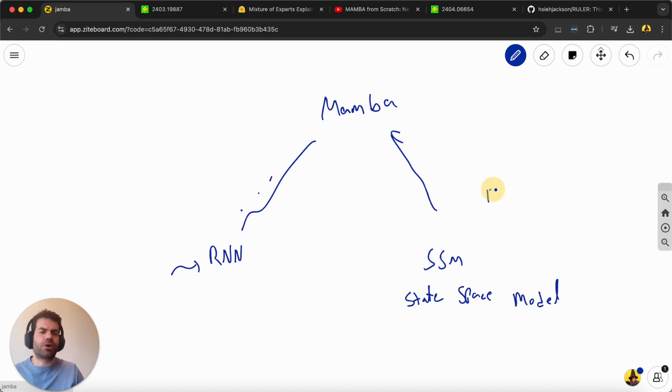If in a Transformer I had a sentence where for every next token I had the interaction with all the previous tokens that happened, now instead in every layer I have a state. And this state keeps updating, okay? So it updates throughout based on all the tokens that I have so far.